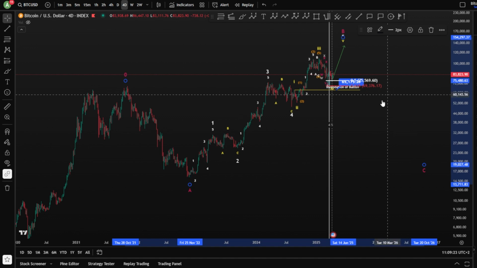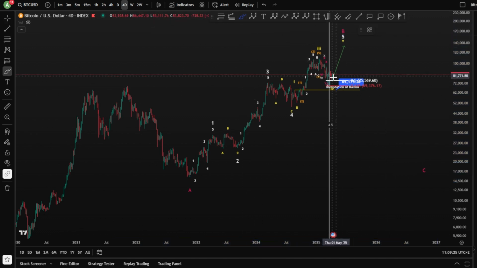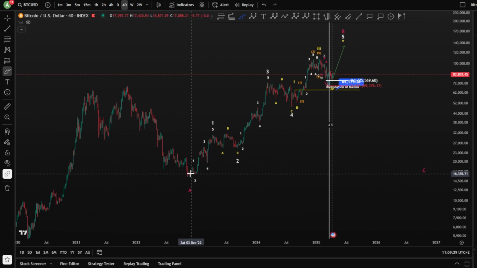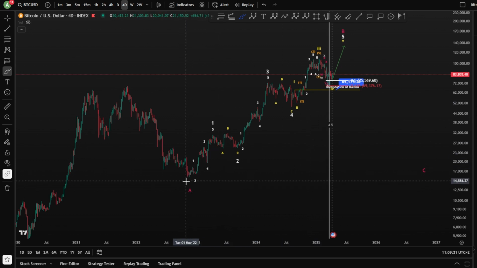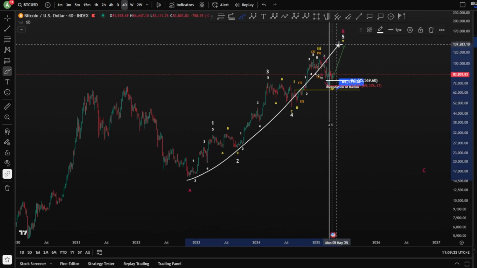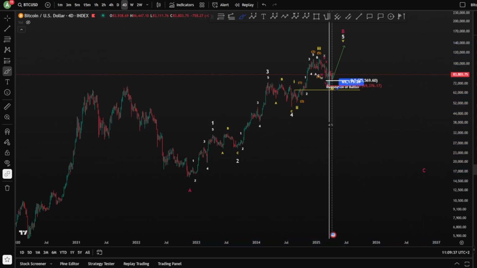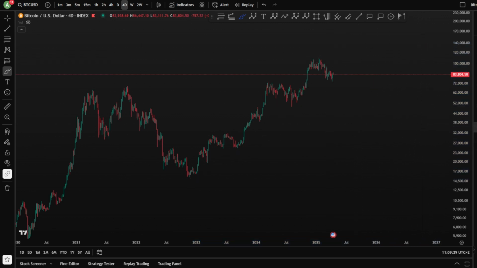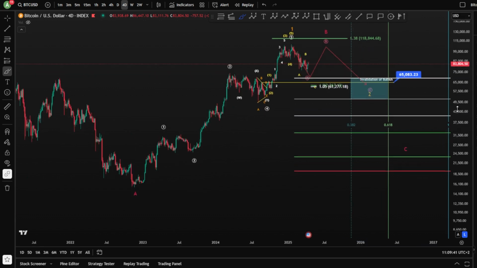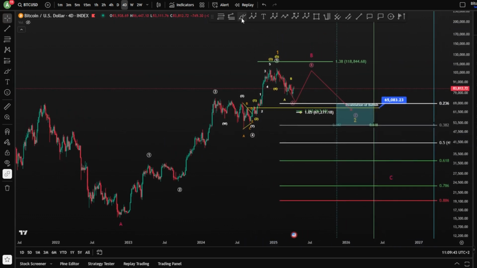Now, of course, it doesn't mean that this scenario has to unfold if we get, of course, one more leg toward the upside. But, of course, it opens the scenario for it. It can be simply considered as well as a wave 1 and then 2, 3, 4, and a 5 as well.